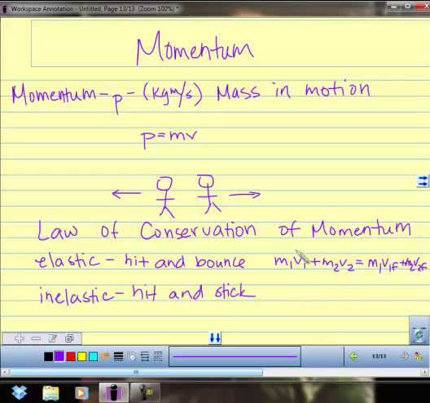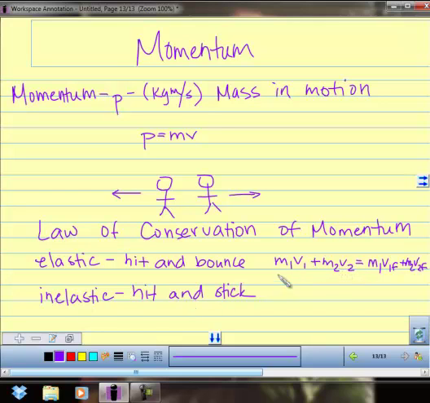What this means is that I have one object that's moving at a certain velocity, and it's going to hit another object that's moving at a separate velocity. Once those two collide, their velocities are going to change, and sometimes even their directions, because velocity is a vector. But their momentums will not be the same as when they began their voyage.